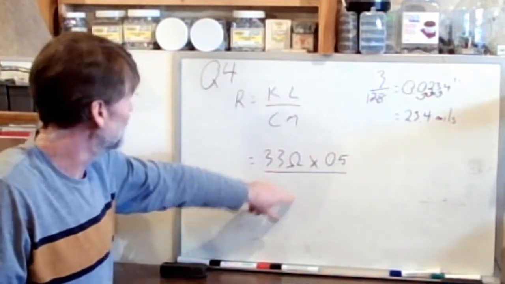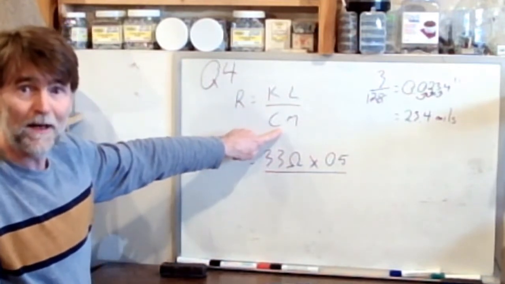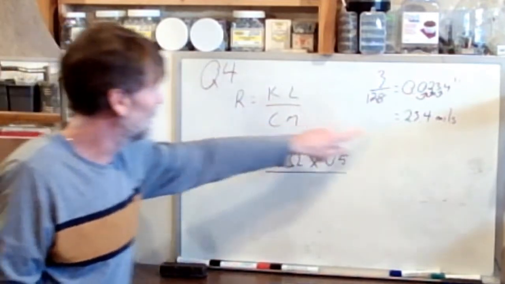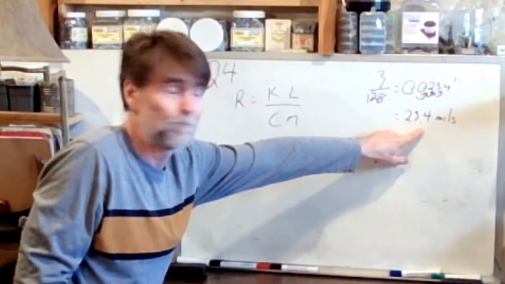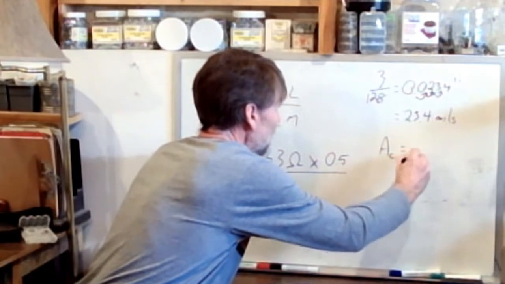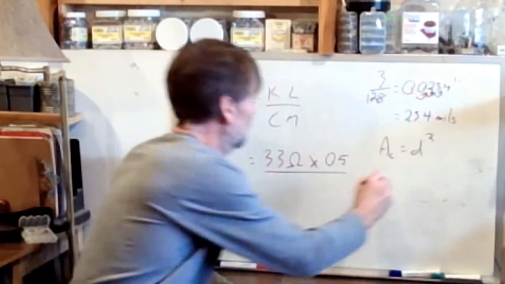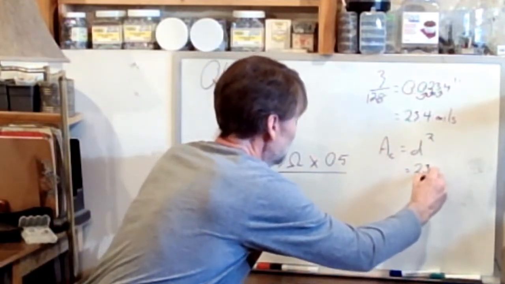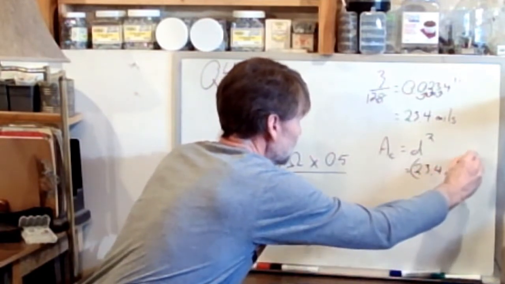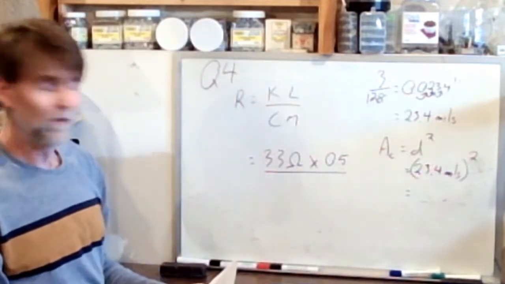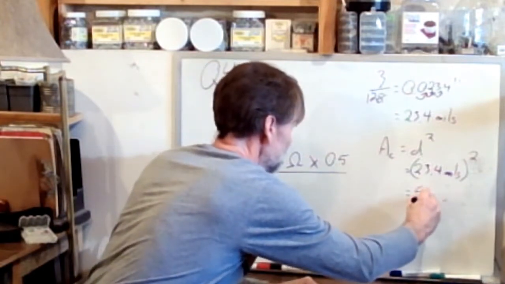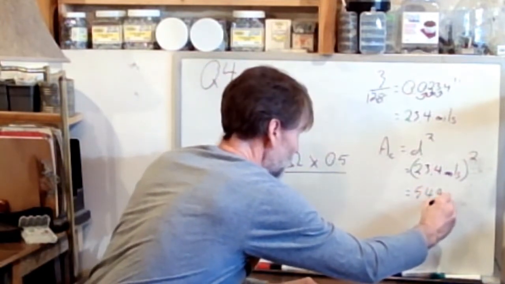Can we use that number down here? No, we're not there yet, because circular mil is the value that we need here in the denominator. That's the circular mil area. This is still just the diameter. So area in circular mils equals d squared, which equals 23.4 mils squared, which equals 549.3.